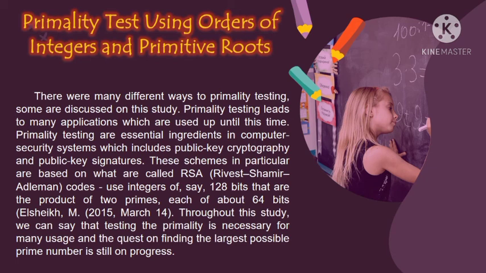Primality testing is an essential ingredient in computer security systems, which include public key cryptography and public key signatures. These schemes in particular are based on what are called RSA, Rivest-Shamir-Adleman codes, which use integers of, say, 128 bits that are the product of two primes, each of about 64 bits.